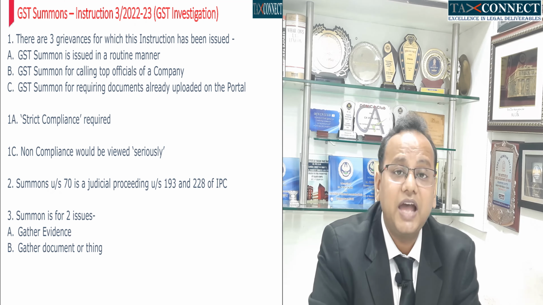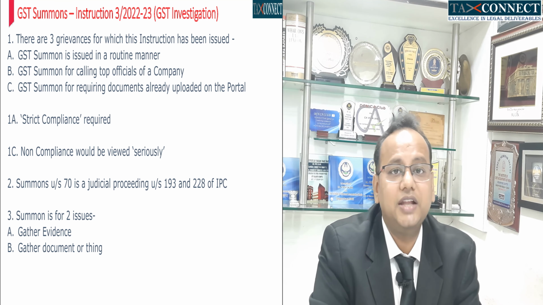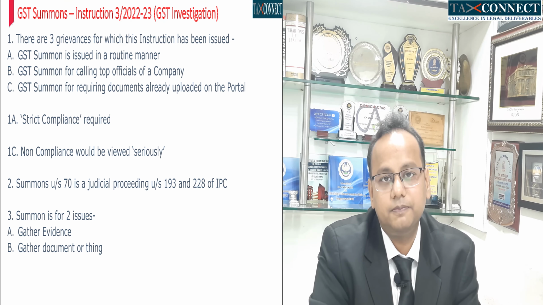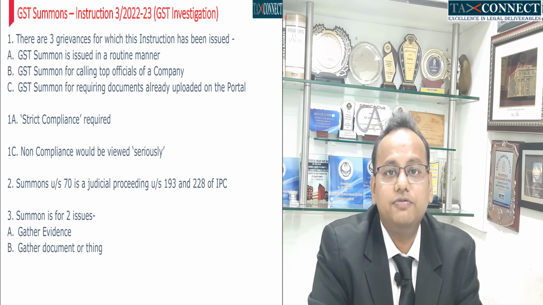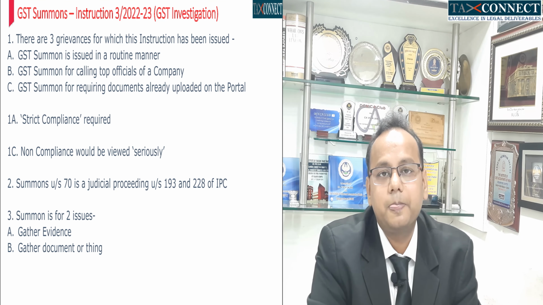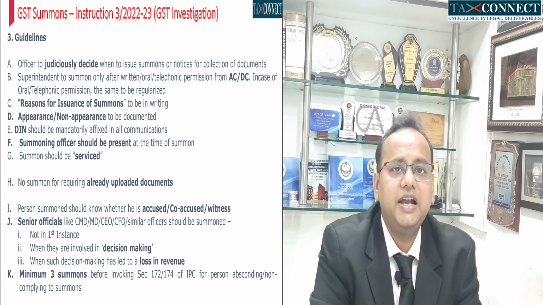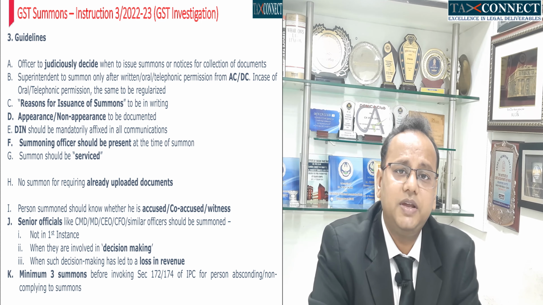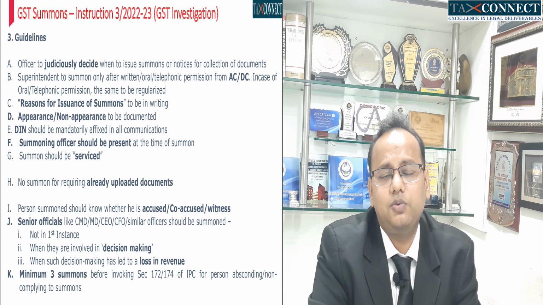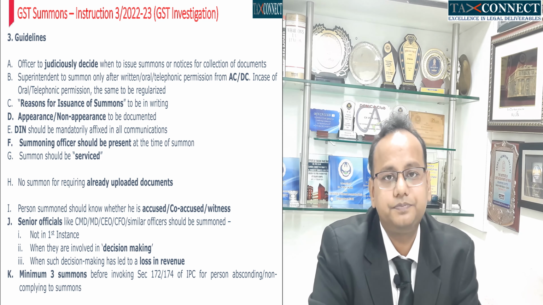First, to gather evidence, even oral evidence, and second, to gather documents or information. Now, to take care of these 3 issues raised by trade and industry, 11 guidelines under summons in GST have been issued via this instruction 3/22/23, which we will discuss one by one.